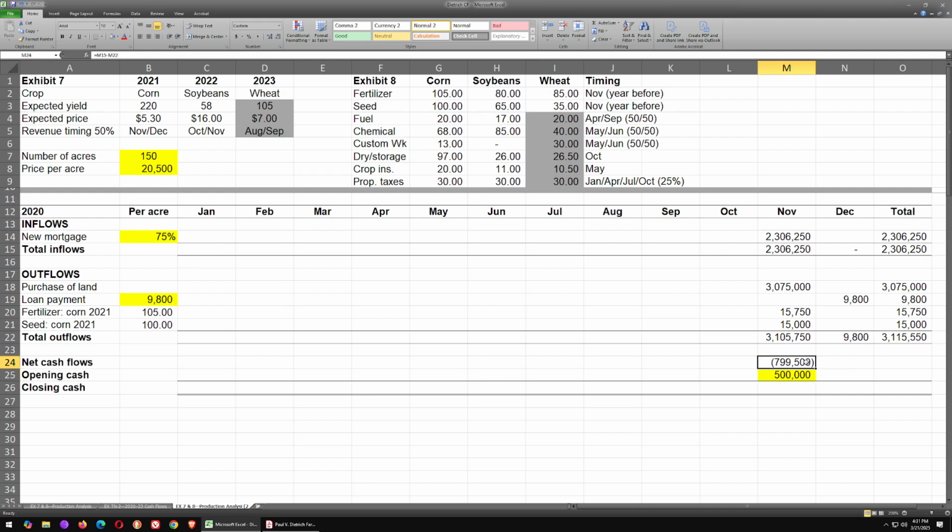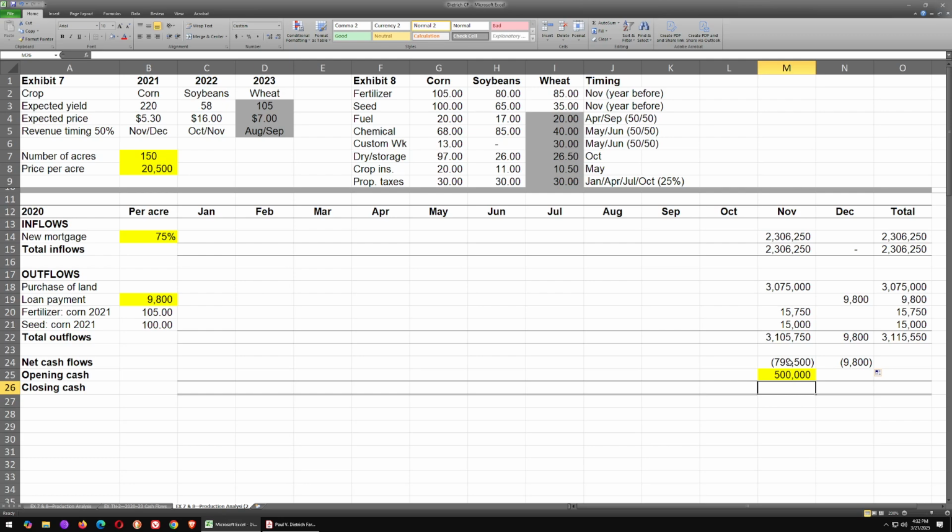Now, we will do the same thing here. We'll drag this across one because we want the net cash flow for December. Now, here I will say closing cash, and this looks just like the cash flow statement you've already collected.